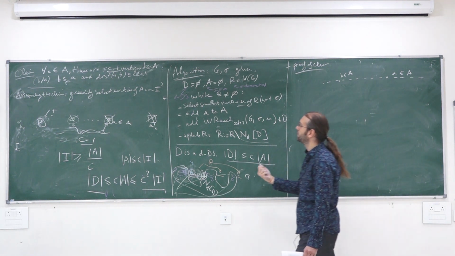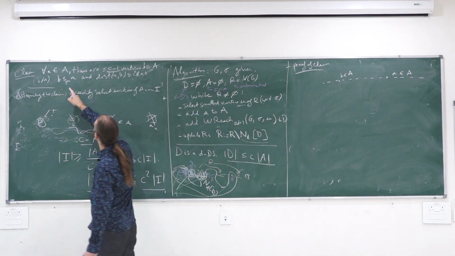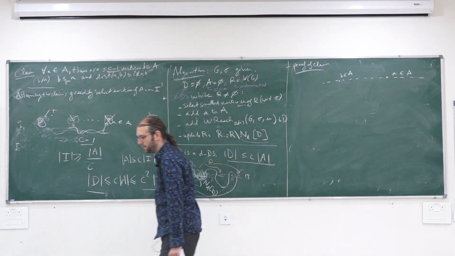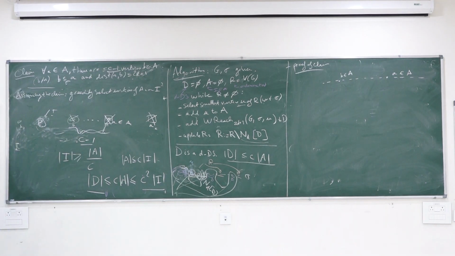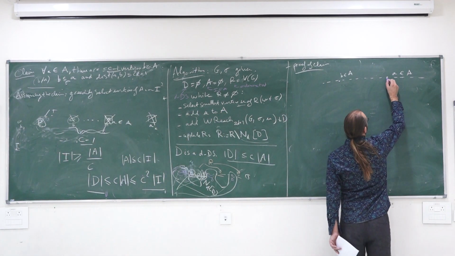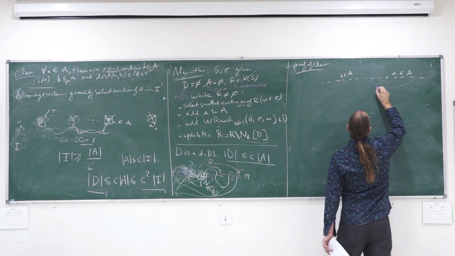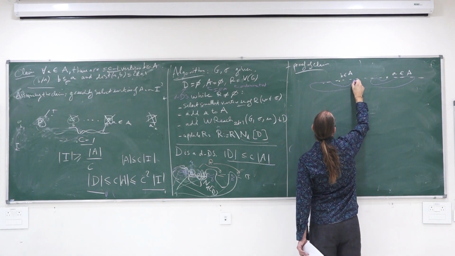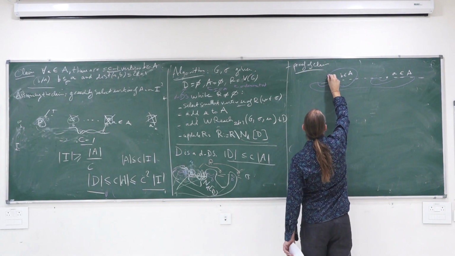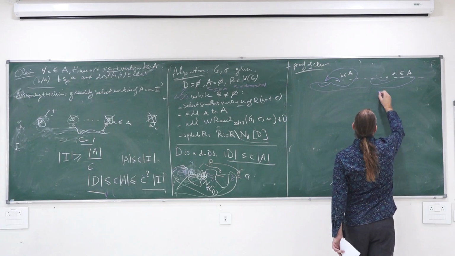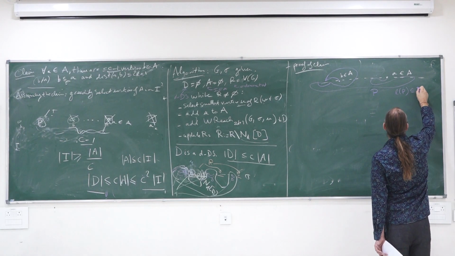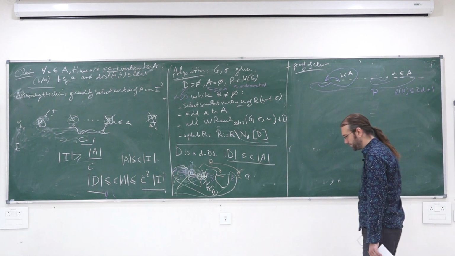I want to say that there are not so many B's that have this property. So since they are not too far from each other, there is a path of length D plus 1 at most, which can be anything. It's not a weakly reachable path, it can be anything. Like that, for example. But what I know, it's called P. Length of P, I assume it to be at most D plus 1.